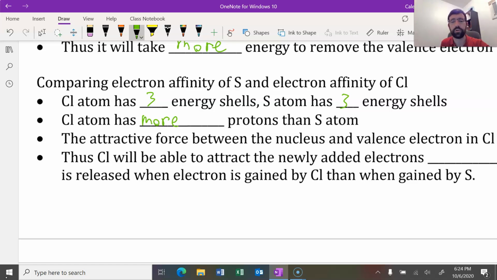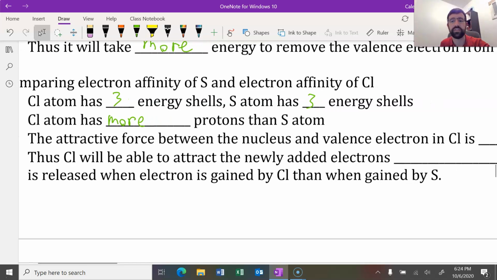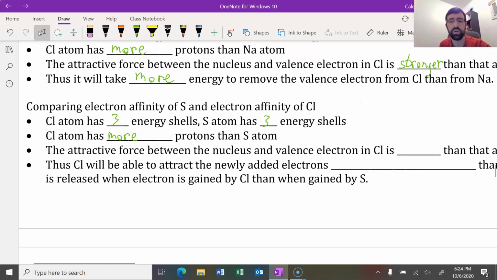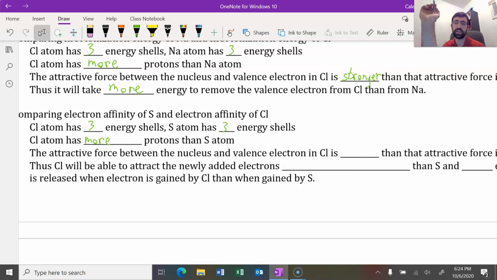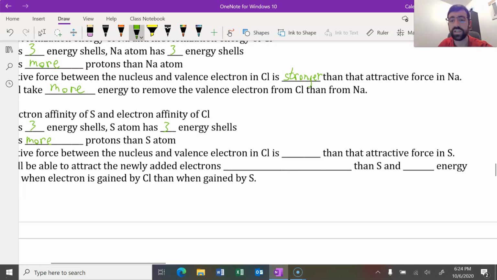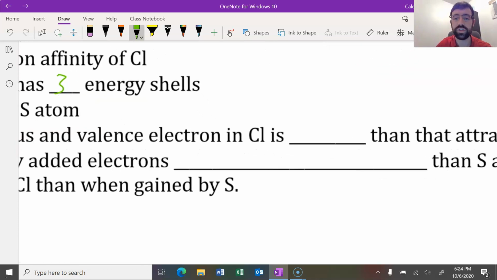The attractive force between the nucleus and the valence electron in chlorine, so if chlorine has 1 more proton, then the attractive force between the nucleus and the valence electrons in chlorine is stronger than the attractive force in sulfur. So we put stronger right here.